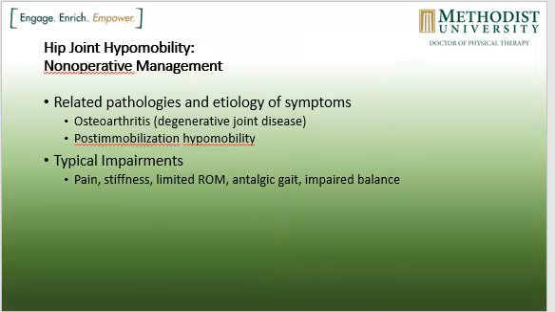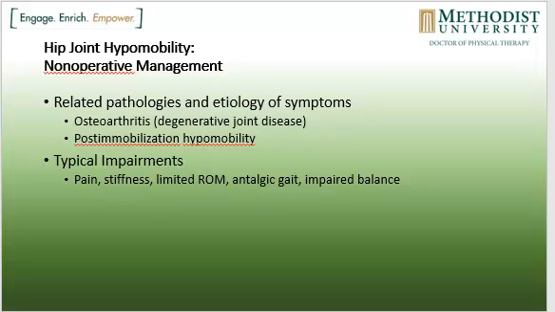All right, the first problem we're going to talk about is hip joint hypomobility, and more specifically, the non-surgical management of individuals who have decreased motion in their hip. Some of the related pathologies are often osteoarthritis or post-immobilization hypomobility. Those with osteoarthritis, this usually occurs with the typical aging process, with joint trauma or repetitive stresses.